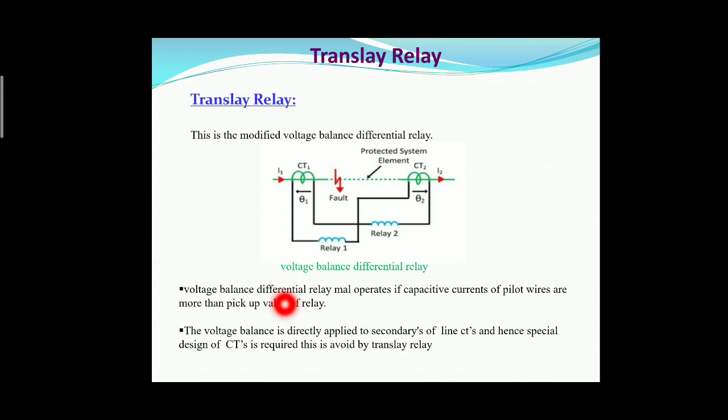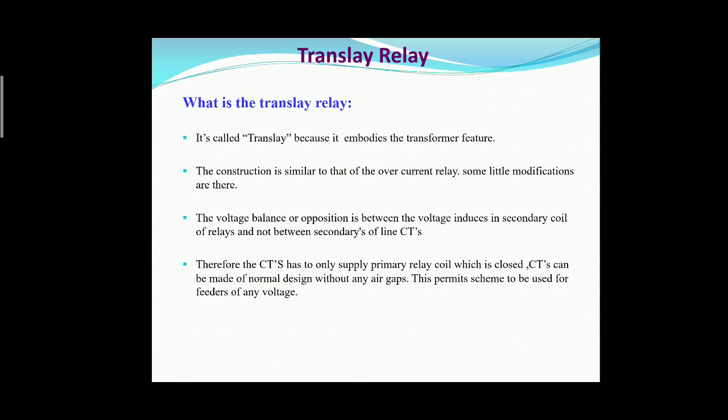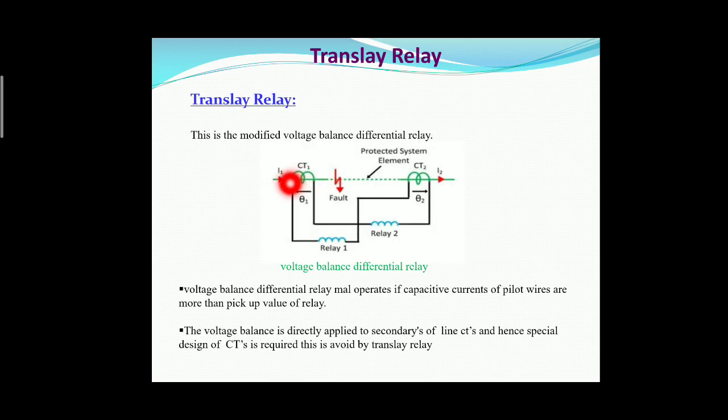The second disadvantage is that the secondary sides of our CTs are open circuited. These are the CTs, CT1 and CT2, and this is the feeder line, the protected element. CT1 is connected to relay 1 and CT2 is connected to relay 2.